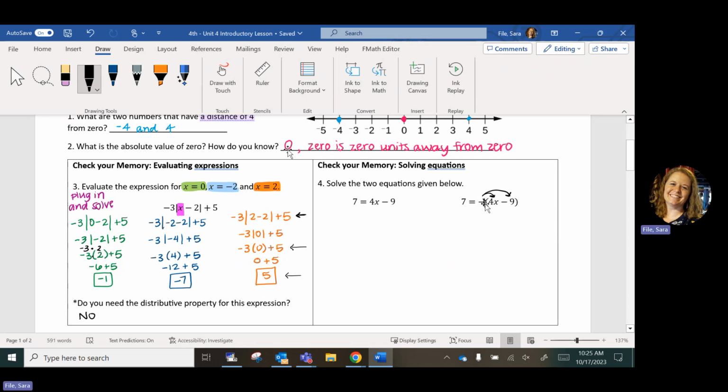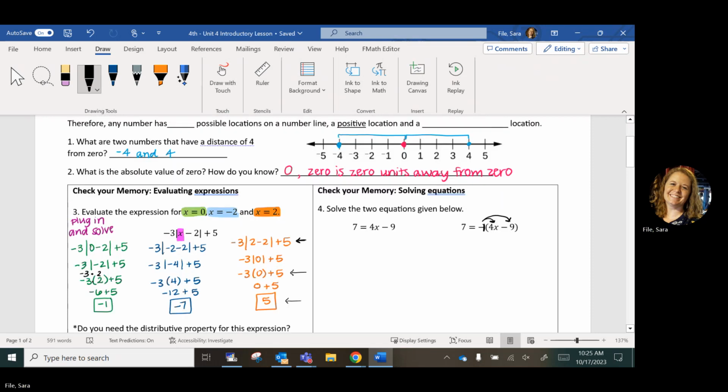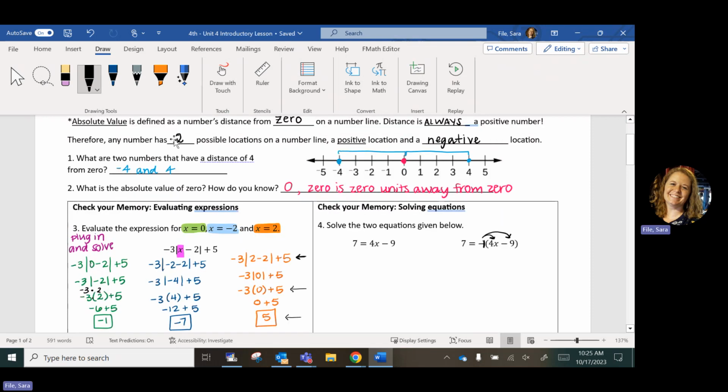Yeah, having that negative that needs to be distributed. Because when we start to solve absolute value equations, we set up here that any number is going to have two possible locations, a positive and a negative. So when we go to solve absolute values, we're going to have something set equal to a positive and something set equal to a negative. And we're going to have to solve both because there's going to be two possible solutions. Does that make sense? So that's why we're practicing this.